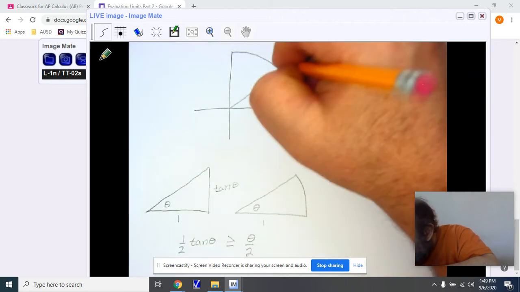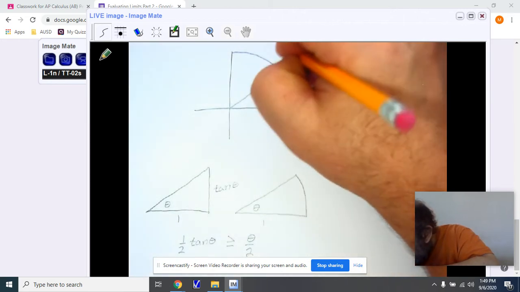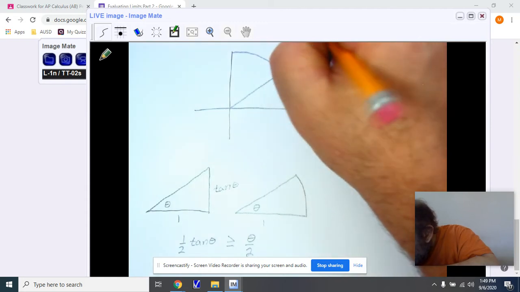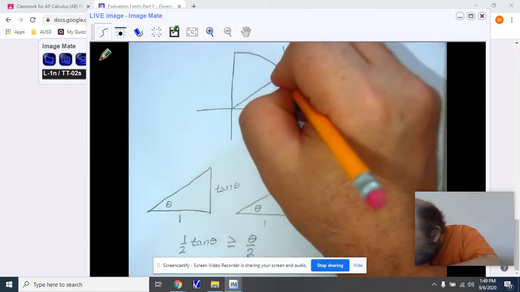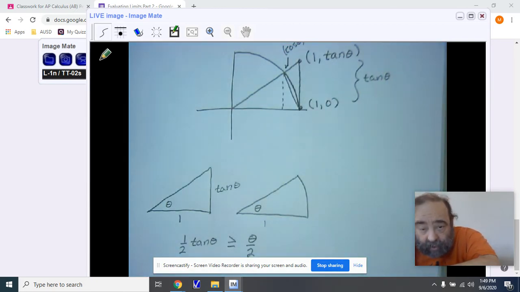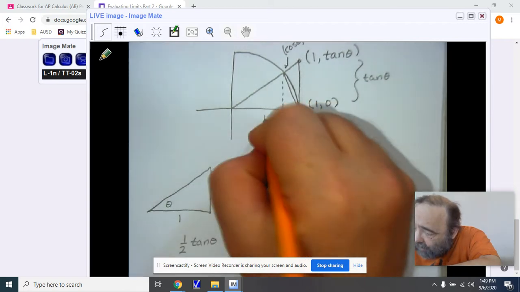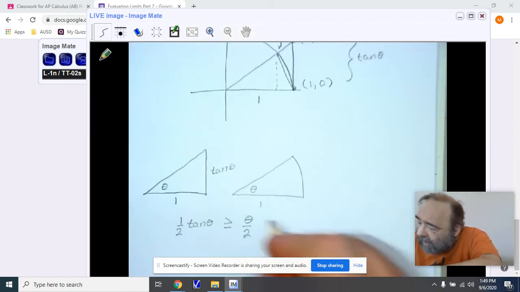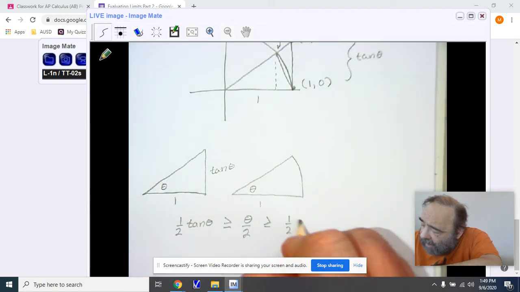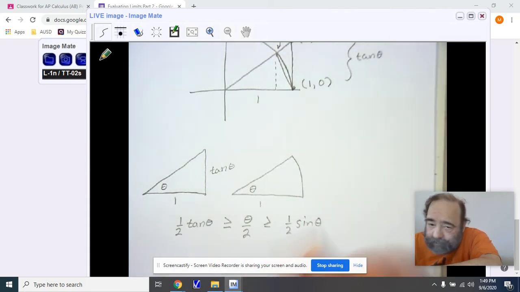This point is cosine of theta, sine of theta, and my height is therefore the sine of theta. Using my length of 1 and my height of sine of theta, I get the area of this triangle as 1/2 sine theta.